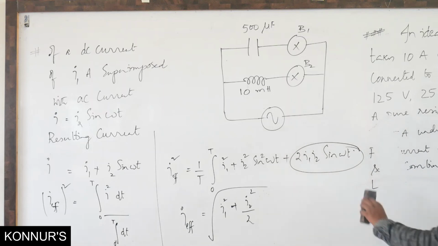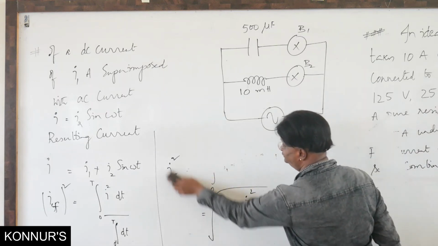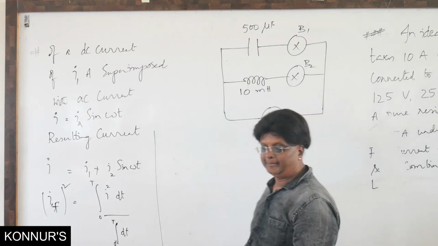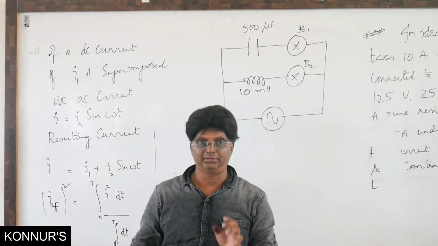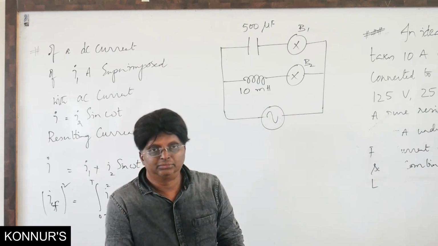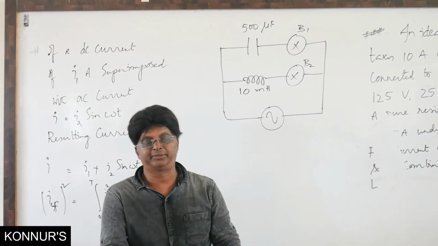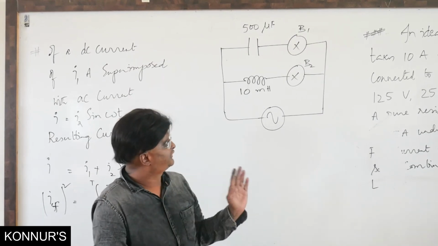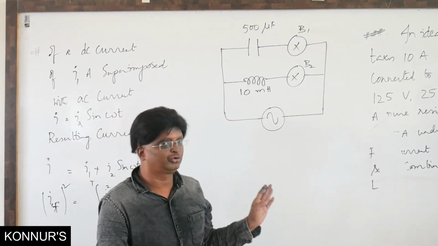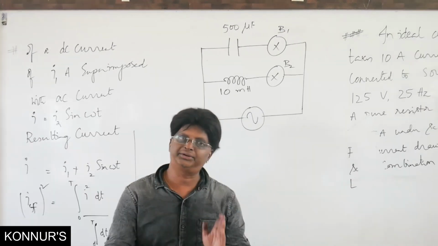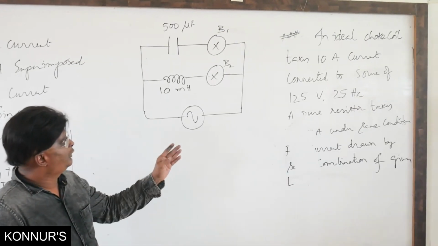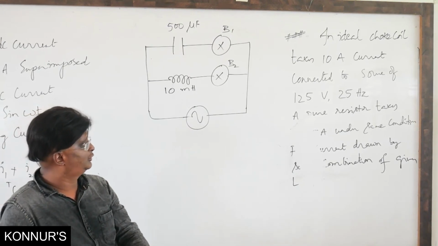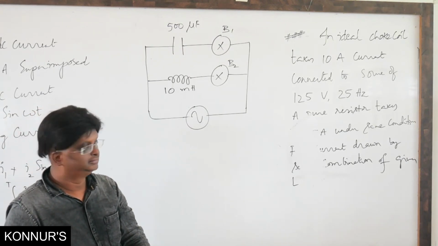Now let us take one more example, and here the beauty is about the concept. It appears to be simple, and of course it is simple, but I will mention the mistake that is committed here. The example says that an ideal choke coil, nothing but an inductor, takes 10 amperes of current when connected to a source of 125 volts, 25 hertz.